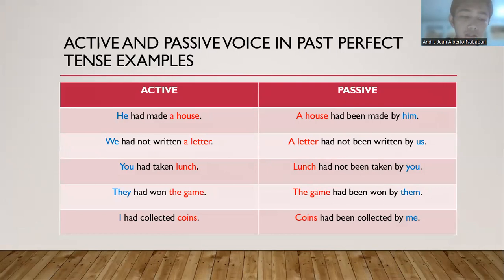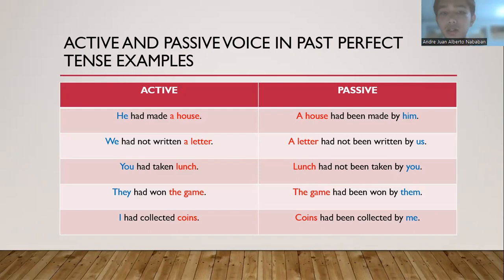We can see it here, guys. I'm going to explain it a little bit. In the active voice, we have he had made a house, and when it is transformed into the passive voice, it becomes a house had been made by him.